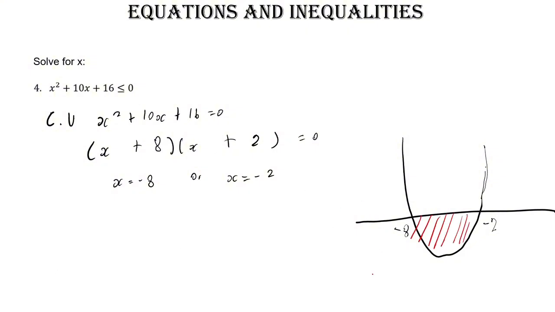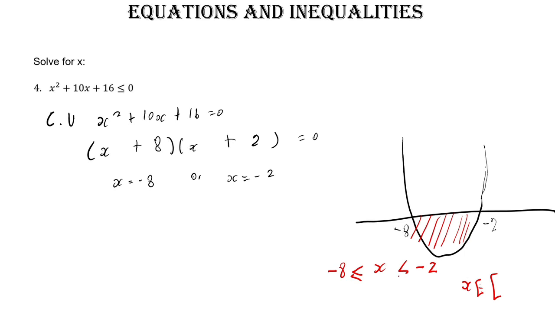But I told you guys that you can use the method where you put an x in between these two numbers. The smaller number will come first and the bigger number will come last, just like that. So x must lie between -8 and -2. If you prefer scientific notation, you can say x is an element of, and you include both of them.